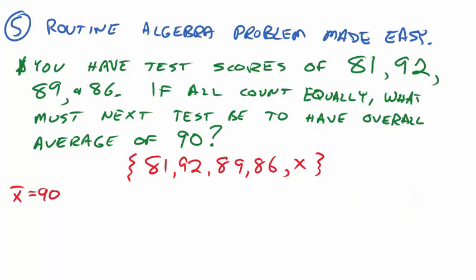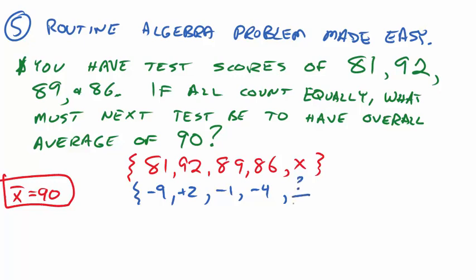So let's find a far more clever way of doing this. If your mean is indeed 90, then the sum of the residuals for whatever x has to be has to add up to 0. So let's compute all of our residuals. From 90, 81 is 9 below, 92 is 2 above, 89 is 1 below, 86 is 4 below, and x, I have no idea what that is yet.